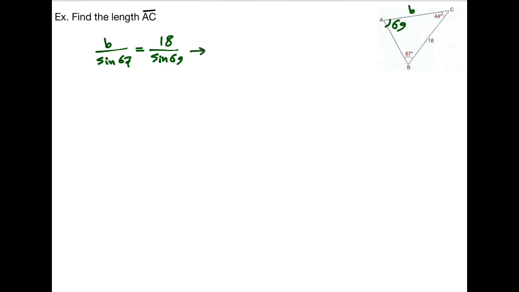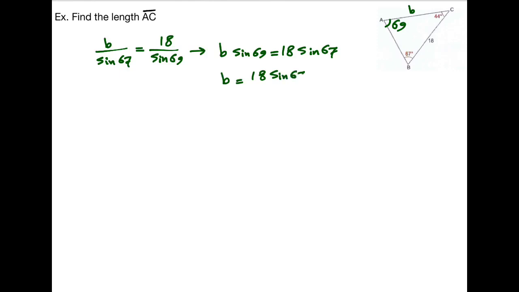Now again we cross product. b sine of 69 equals 18 times sine of 67, which gives us b equals 18 sine of 67 divided by sine of 69. I can use a calculator to find the answer. It's about 17.7.